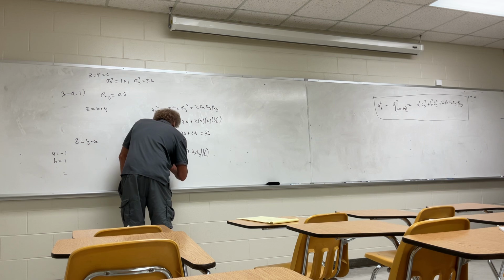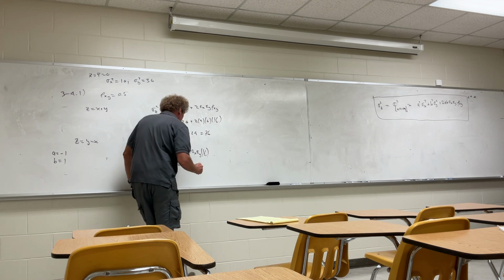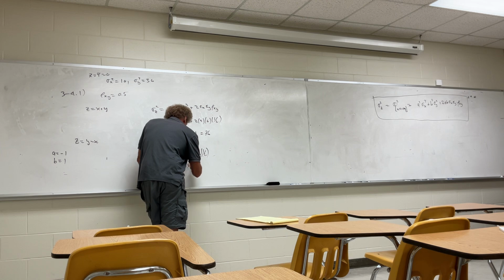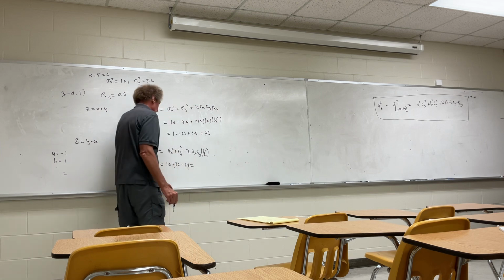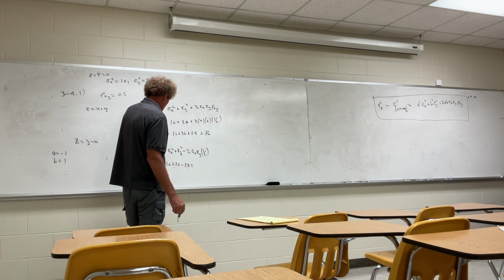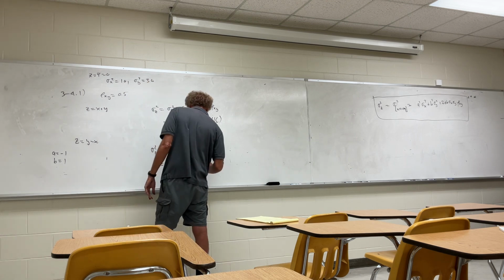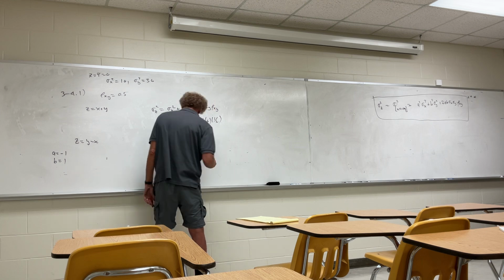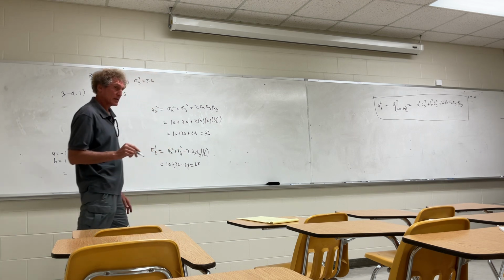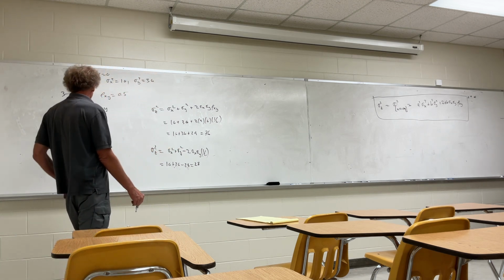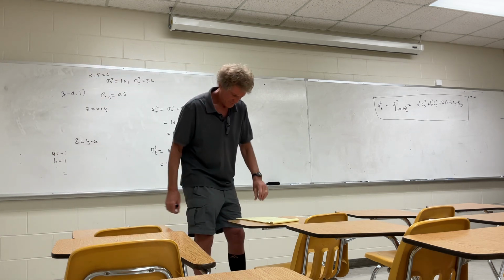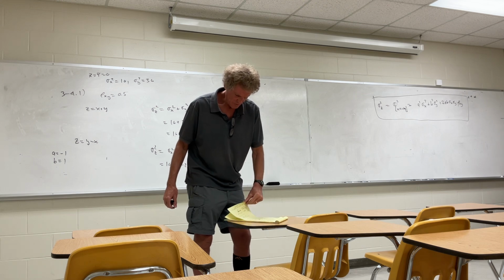So I got 16 plus 36 minus 24. What is that going to be? 12 and 16 is 28. Looks like 28 for sigma Z squared. Is that right, Elijah? Part B of 3-4.1. I think it is, but I don't remember. That's right.